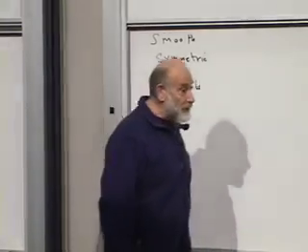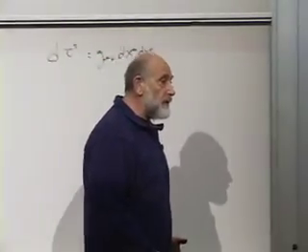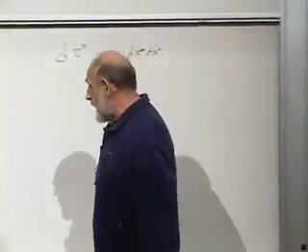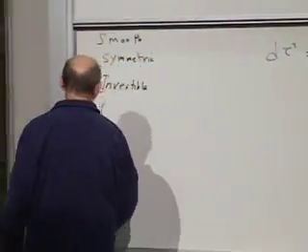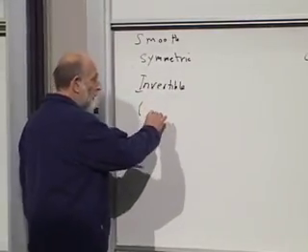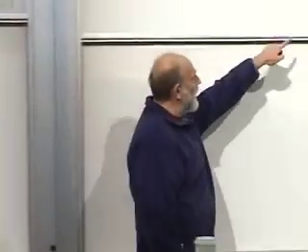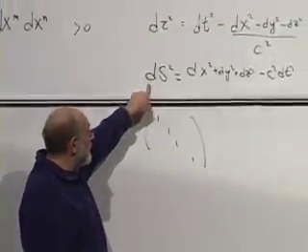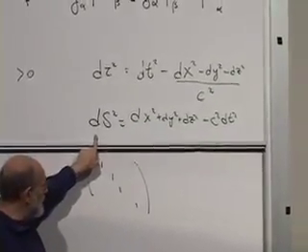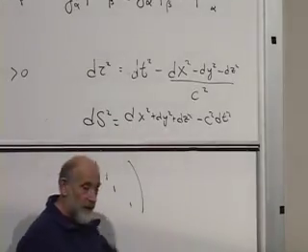depending on the application, if we're talking about ordinary space versus space-time, in ordinary space, it should have all positive eigenvalues. And of course, we would be talking about ds squared then, not d tau squared. All positive eigenvalues.